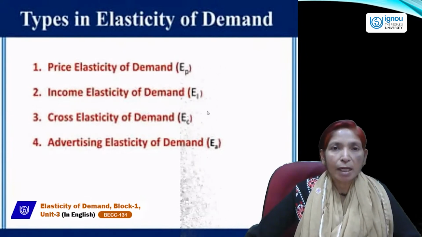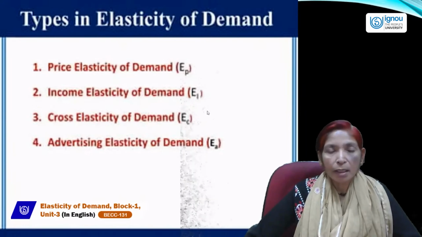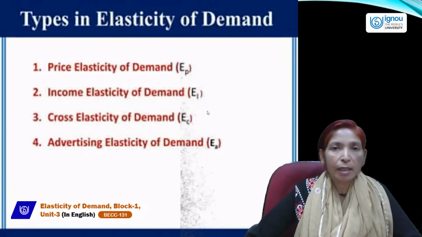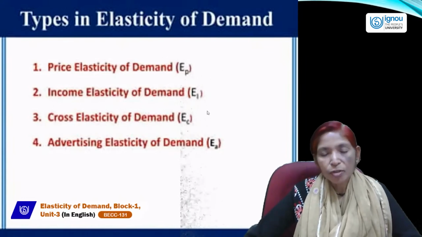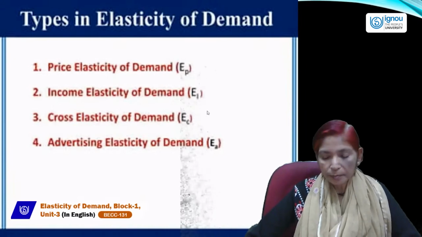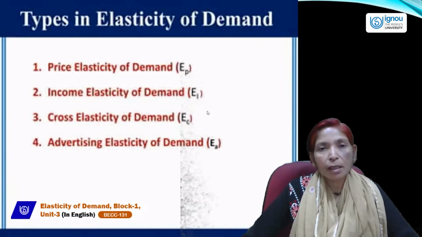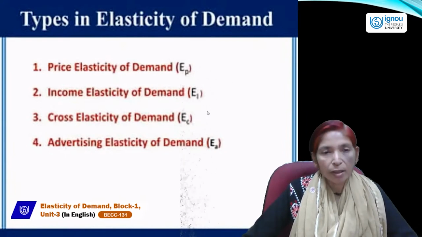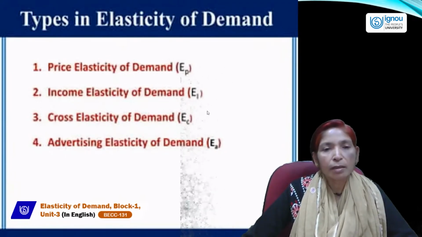When we see an advertisement on TV, in newspapers, or magazines, and we are willing to buy that commodity, it means our demand is affected by the advertising or publicity of that product. So that is called advertising elasticity of demand, and it is denoted by EA. E is elasticity, A is advertising.